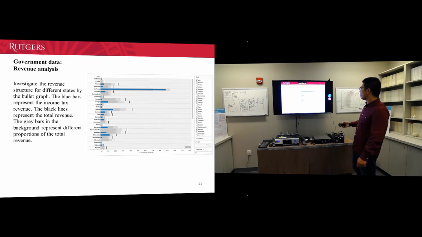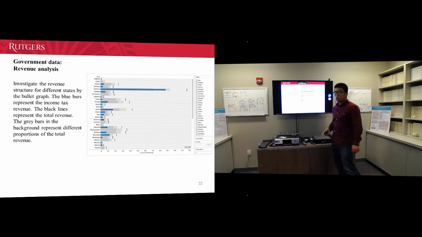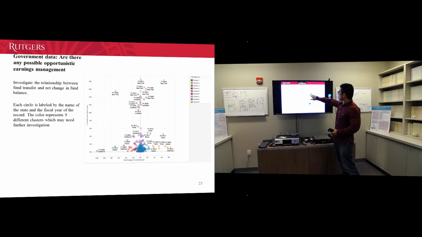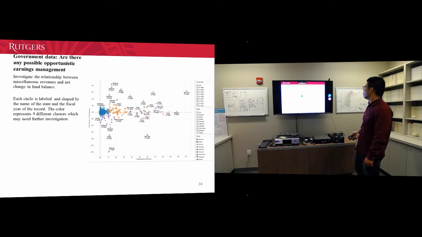With the bullet graph, we find the proportion of the income tax revenue over the total revenues, and the scatter plot shows weird clusters like Louisiana, which have very similar patterns for the fund transfer. And this is for the other revenues other than the tax revenues.